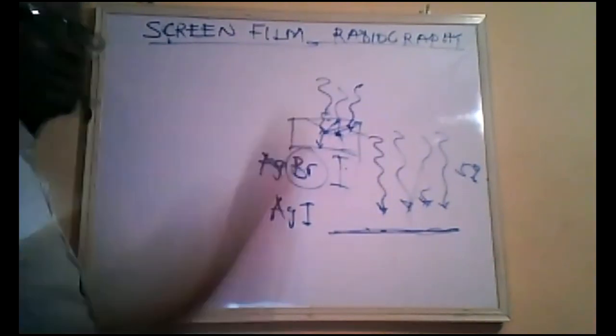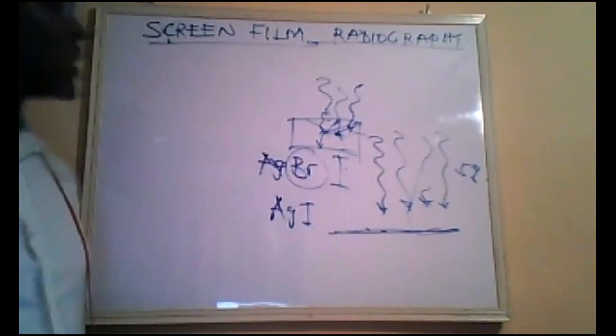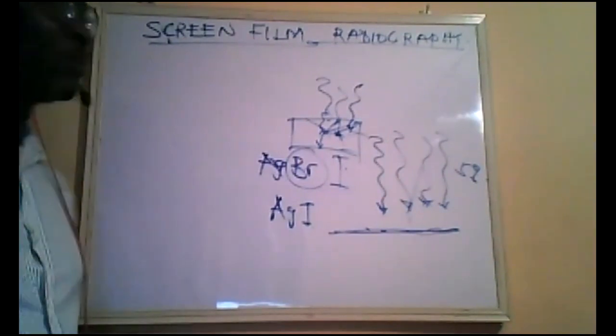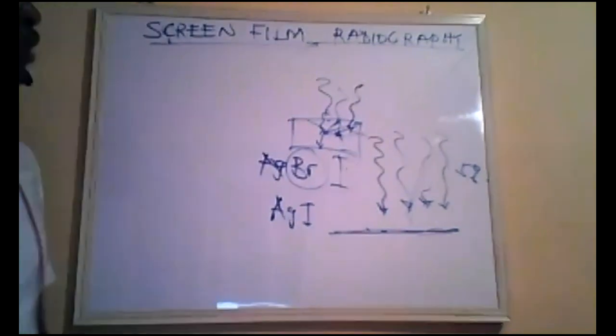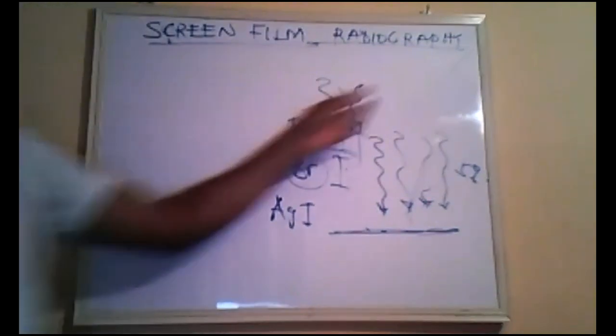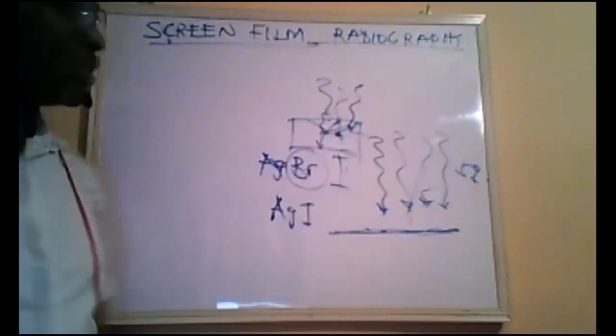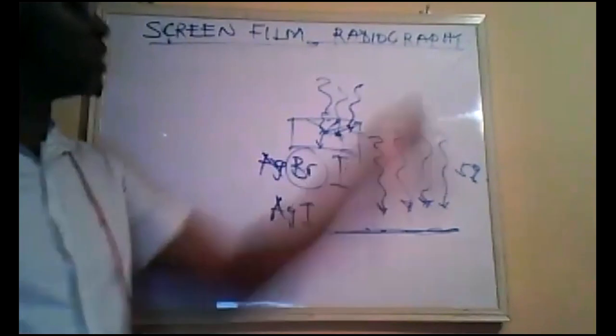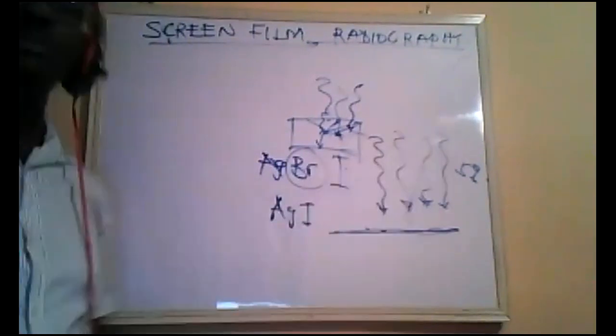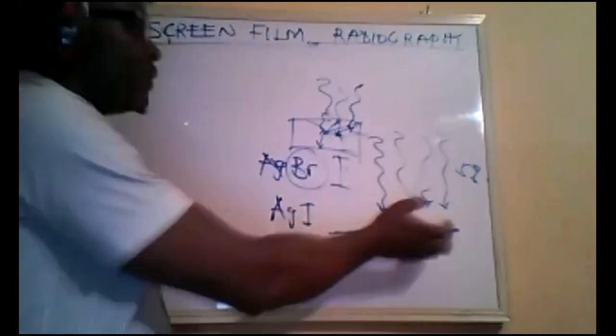Just one X-ray photon has given rise to about 1,000,000 photons of visible light. Because of that, the screen increases the efficiency of the screen film system and of the X-ray beam falling on it.